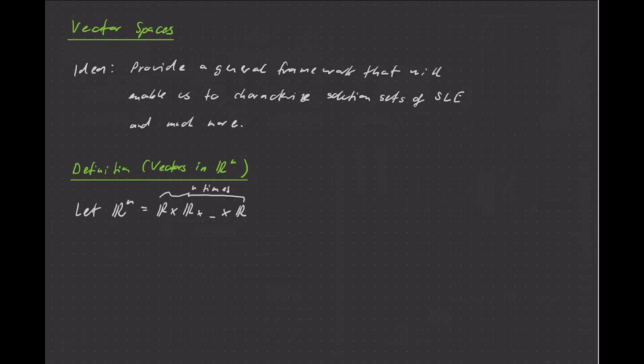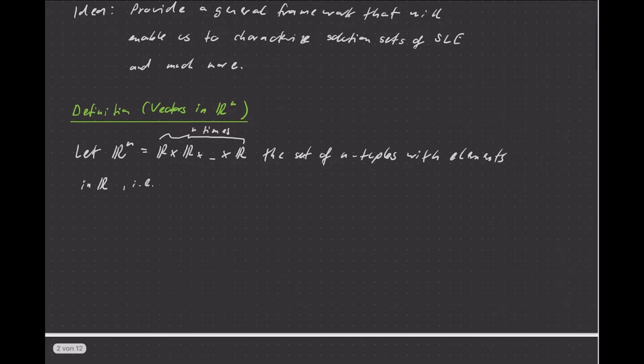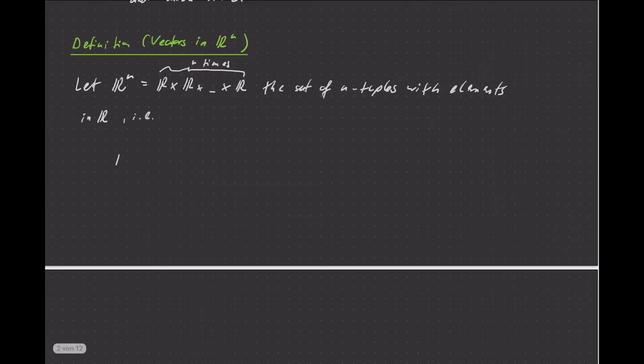So that is the set of n-tuples with n elements, and each element is from the set of real numbers R. More precisely, we usually write those n-tuples in the form of a column.